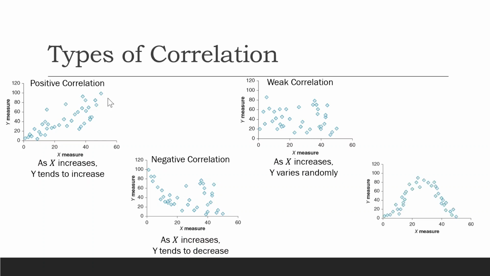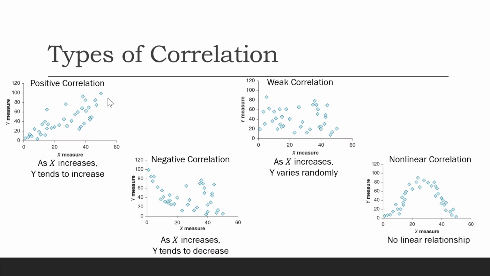There are other correlations that we're not going to be focusing on, and this last graph is an example of that. This is a non-linear relationship, right? As x increases, y varies. At some point y values increase and sometimes they decrease. This is a non-linear correlation, so that means there is no linear relationship.